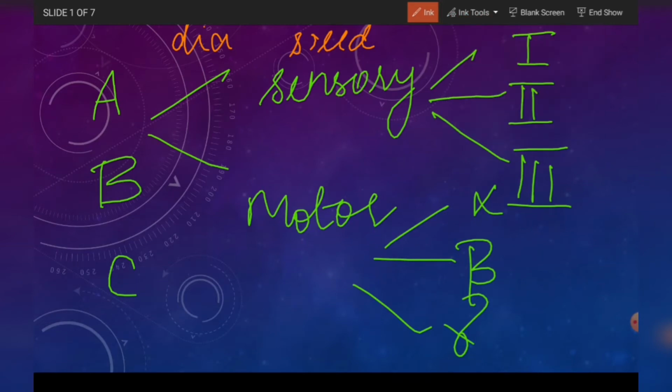Now the first one is further classified into A and B. A receives impulses from annulospiral endings, and B from Golgi tendon organs. 2 is from flower spray endings, then 3 from temperature and pain receptors. These are efferents.